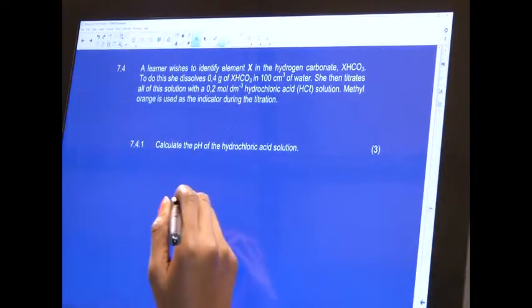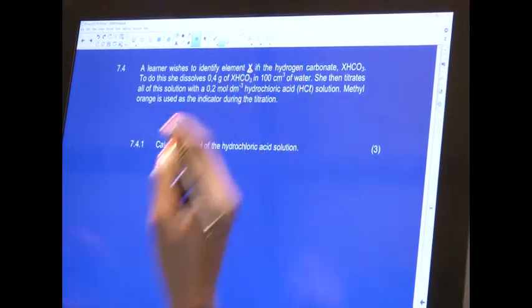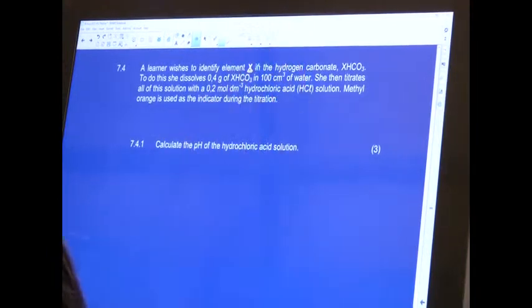Number 7.4 says, a learner wishes to identify element X. So when you are having to identify element X, number one, you need to look at the molecule that you have, and then you need to identify the charges. And to identify an element, it means we're going to have to look on the periodic table. And how do we identify an element? One of two things, either the atomic number or the atomic mass.